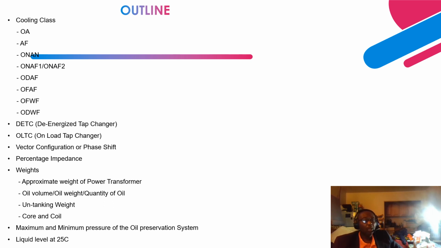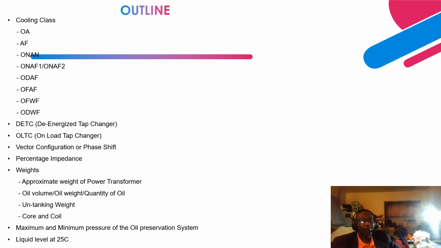OA means open air, and that's an ANSI nomenclature. What it is saying is that the transformer is self-cooled. As the transformer is in operation, the oil gets heated and expands in volume, and through convection the hot oil rises up naturally and flows through the radiator.